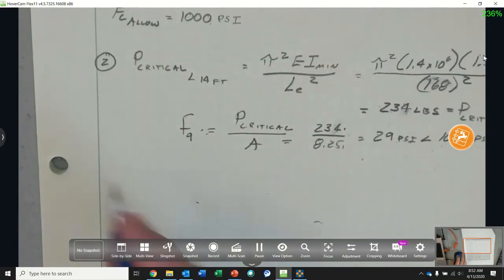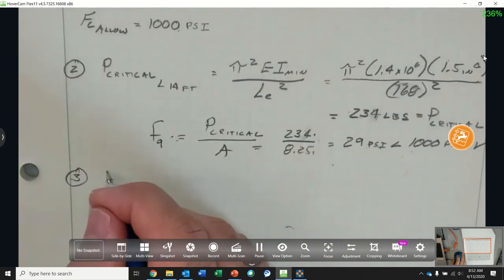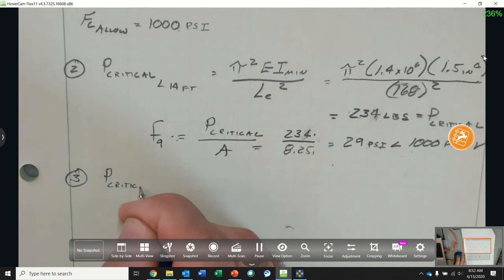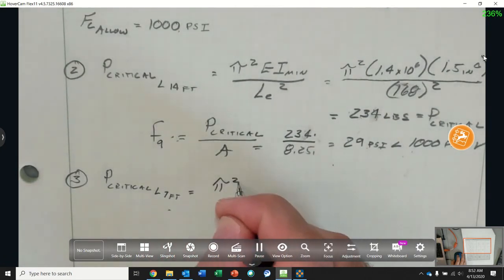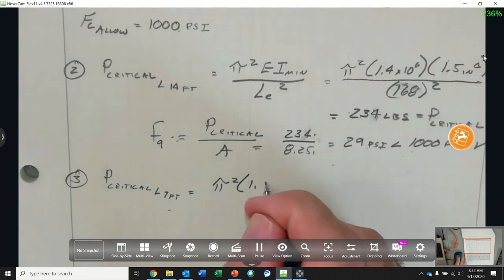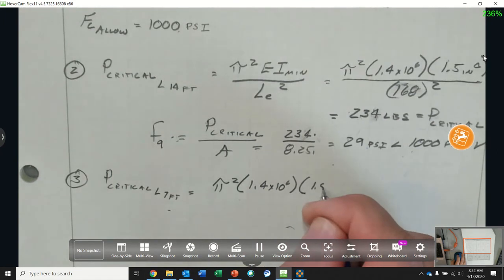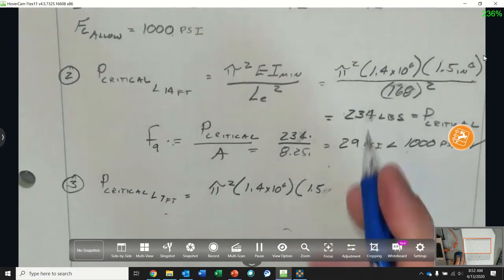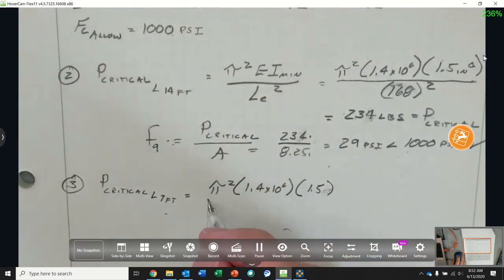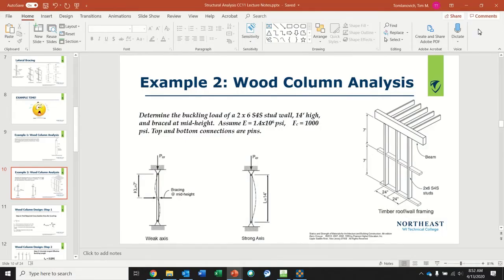So now let's do the effective length of 7 feet. P critical at 7 feet equals pi squared times 1.4 times 10 to the 6, that's the modulus of elasticity. My weak axis is the same, 1.5, divided by, now my effective length is 7 feet, because remember, I'm putting bracing in.